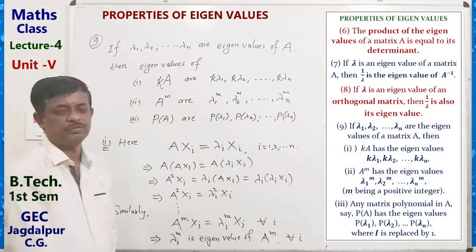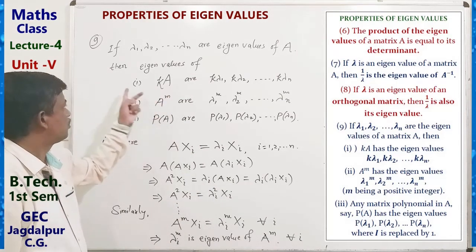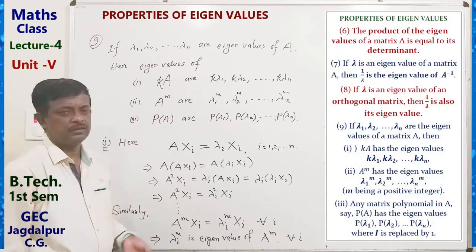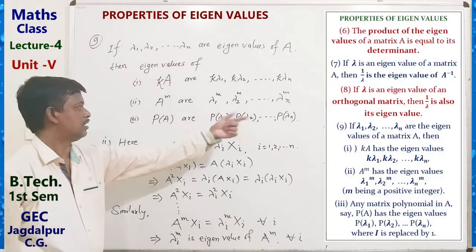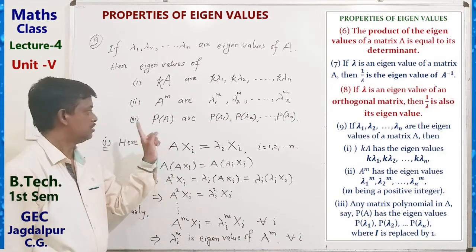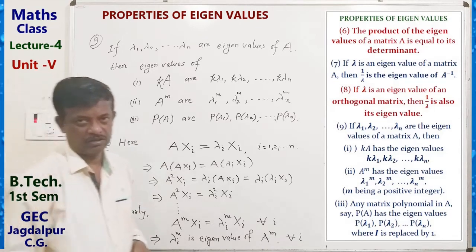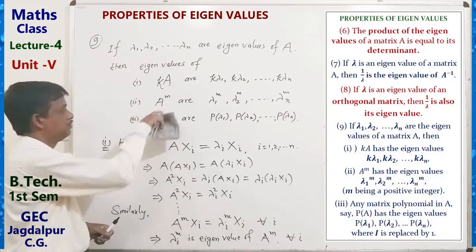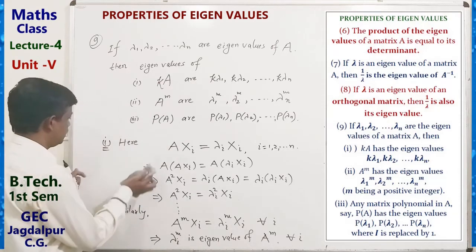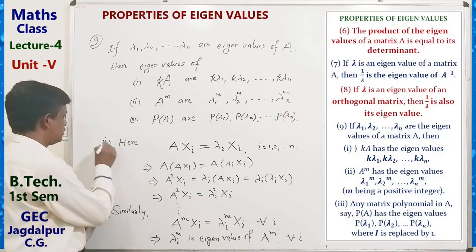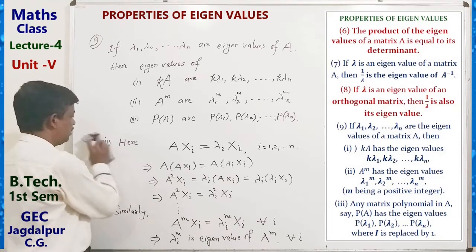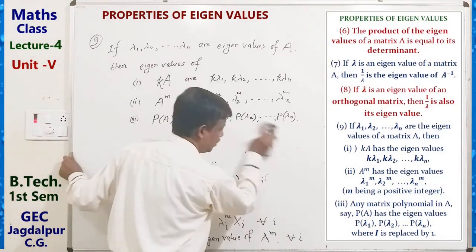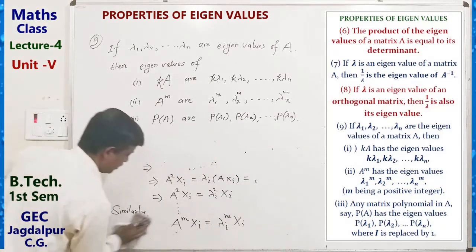The second part is proved. By using the first and second parts, we can say that these are the eigenvalues of the polynomial of the matrix. Now the third part. How can you prove the third part?